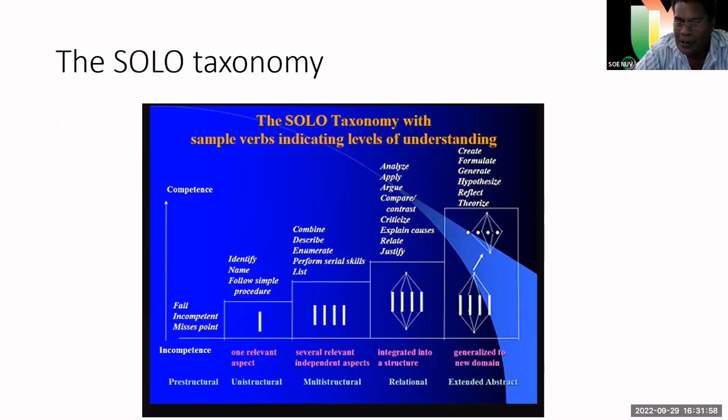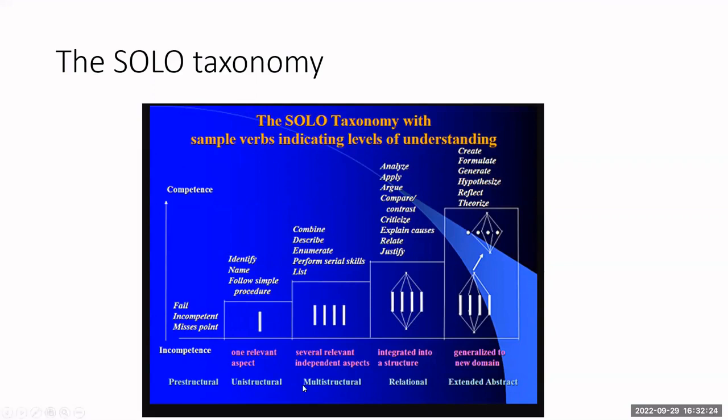That is the SOLO taxonomy in graphic representation. The lowest level is fail, incompetent, misses the point, and this is the pre-structural level. Unistructural, you need to know at least one aspect of what is learned.